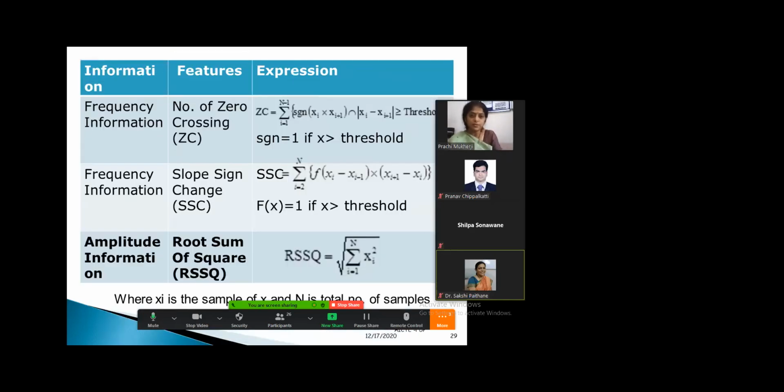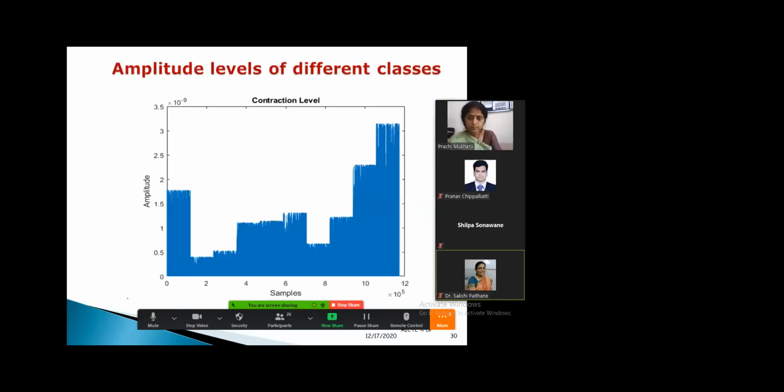So with our feature RSSQ, we could identify that there was a difference in the amplitude levels of these 10 classes, the finger movements which we had taken for classification. So this new feature gave us some additional information regarding the amplitude of these classes, these finger movements.